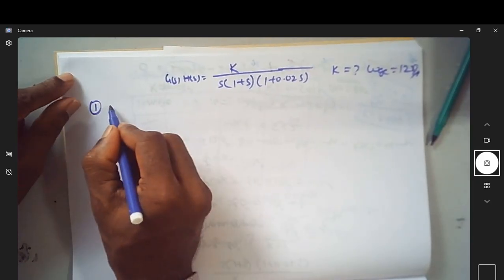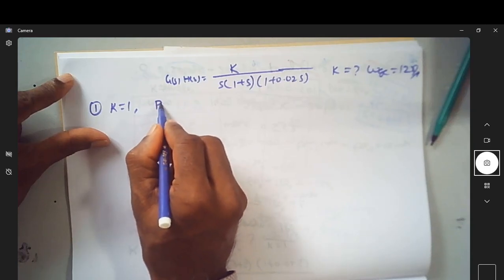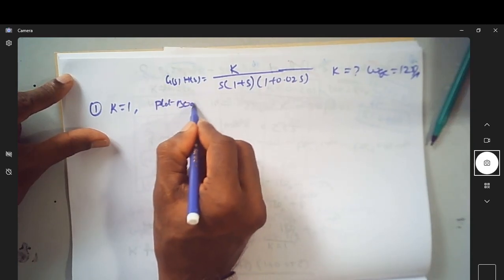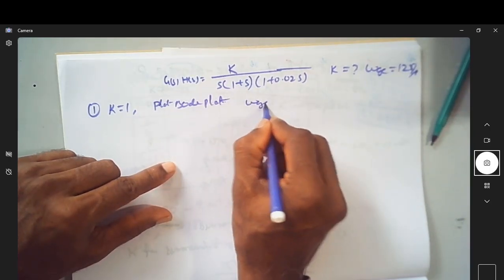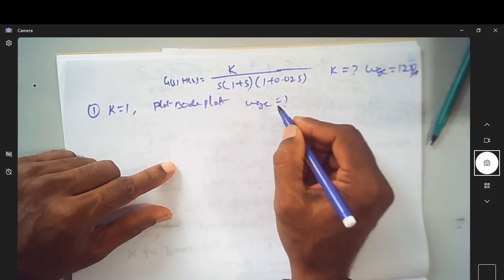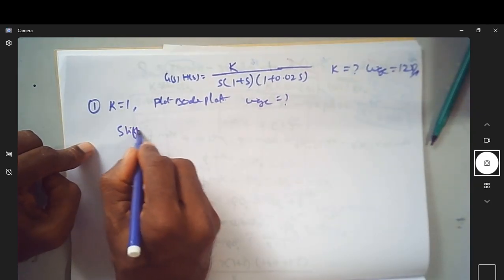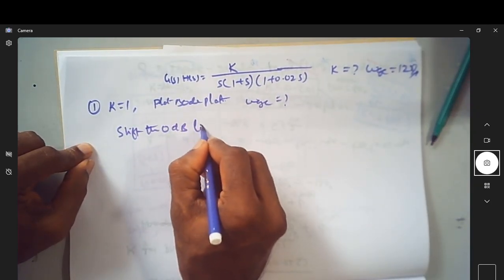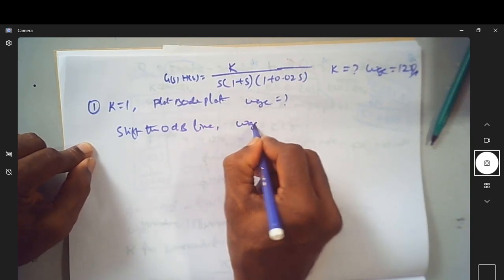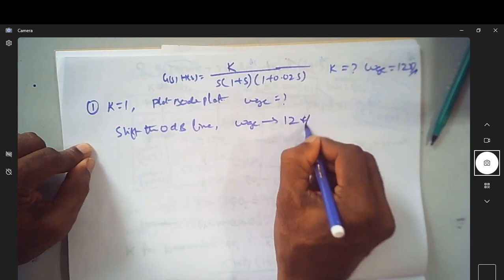Again, what is the procedure? With k equal to 1, plot the Bode plot, find what omega gc is, and then shift the 0 dB line such that omega gc is equal to 12 radian per second.